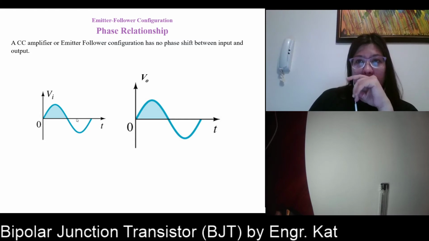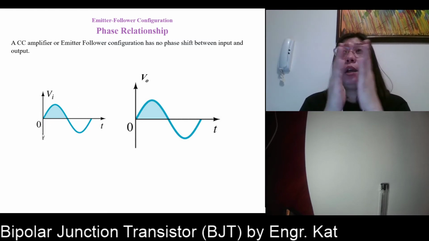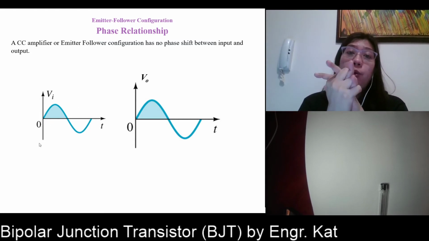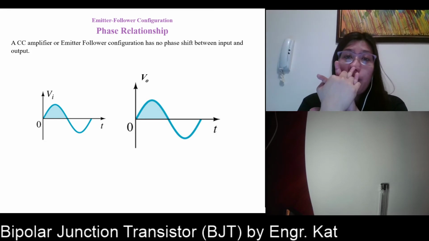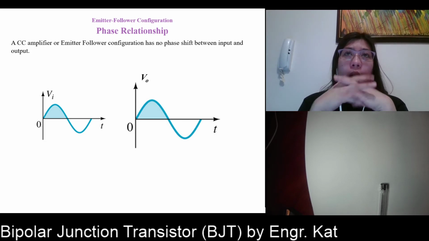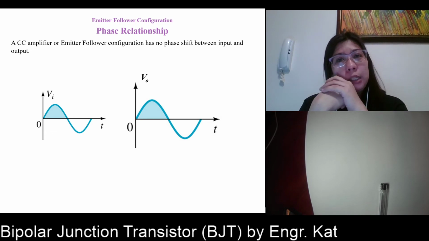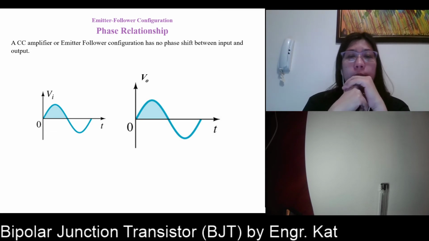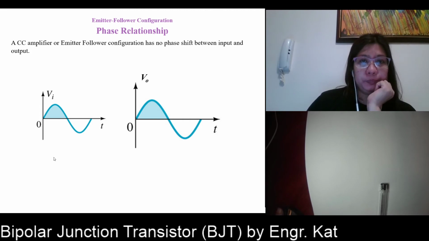Okay, no phase shift between the input and the output. So among the three, common base, common collector, and common emitter, only common emitter has a 180 degrees phase reversal. Both the common base and the common collector have no phase shift between the input and the output.